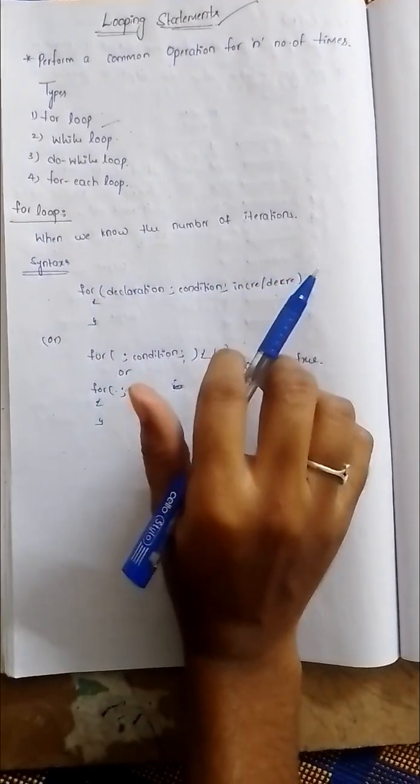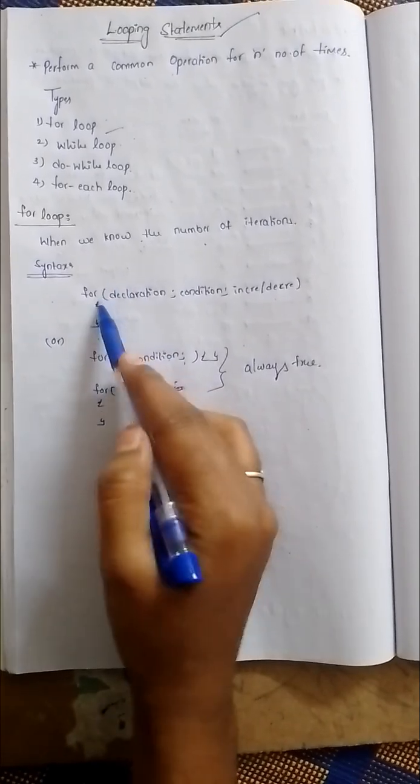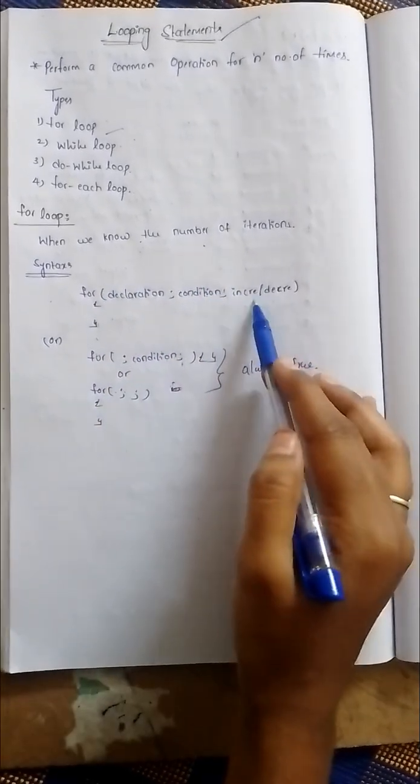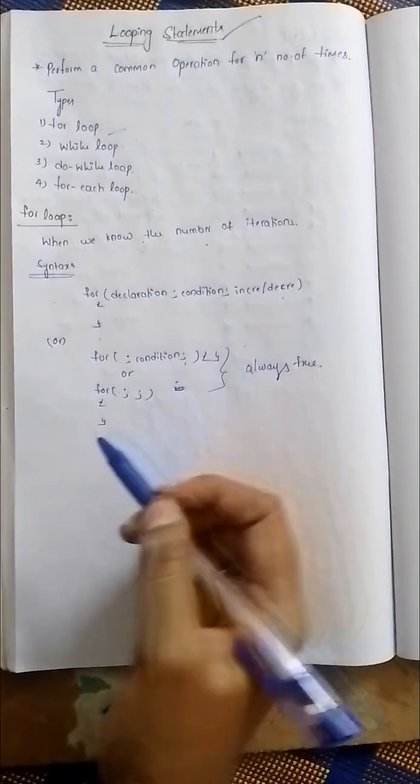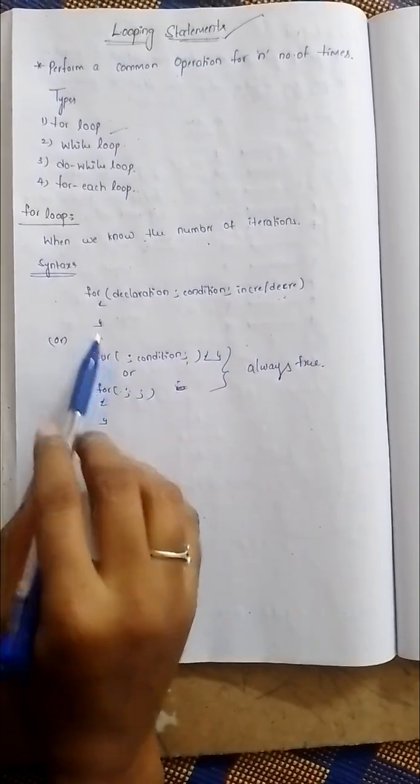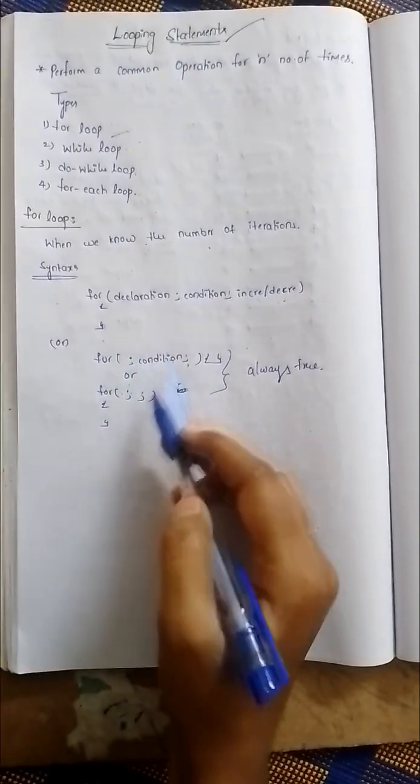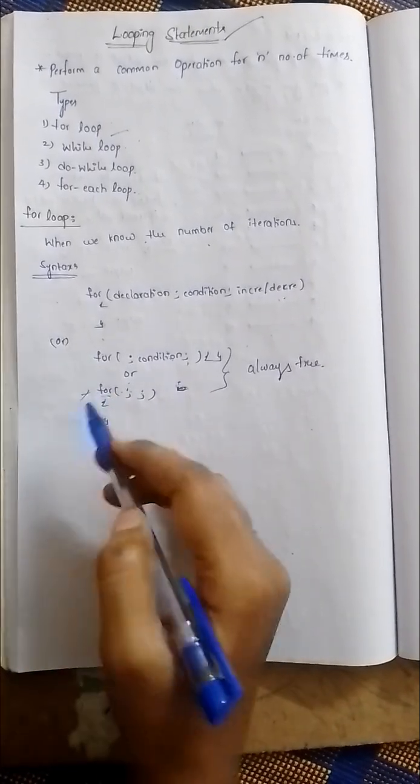When we know the number of iterations, then we go for for loop. The syntax of for loop is for declaration, condition, increment or decrement operator. One more syntax of for loop is for with only a condition, and one more is this.